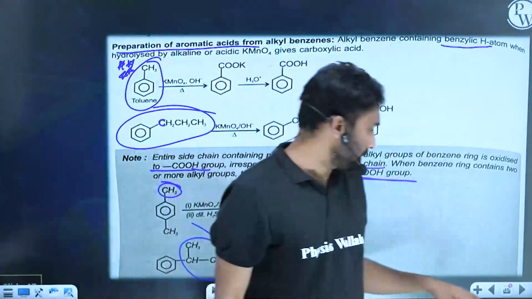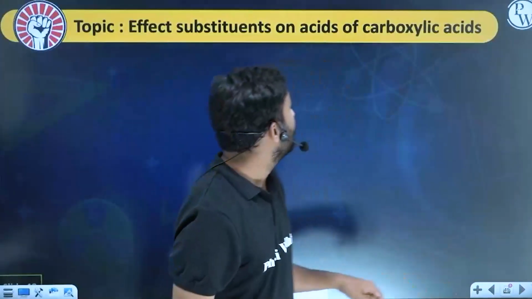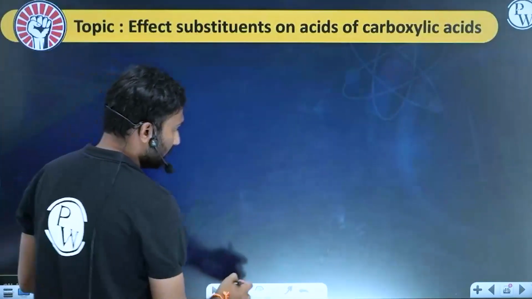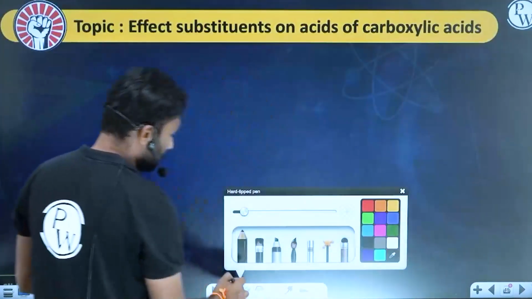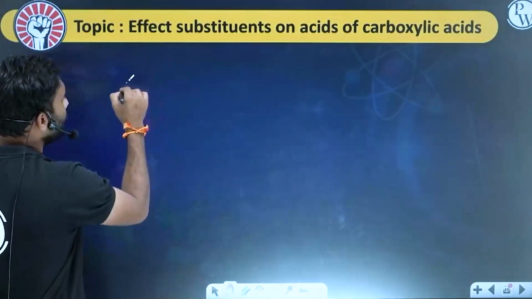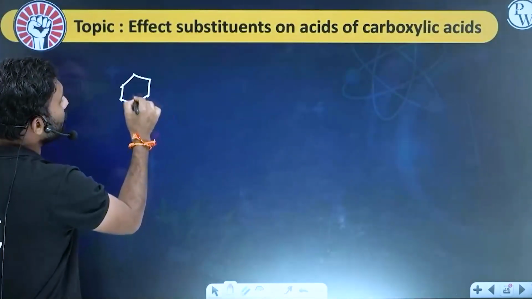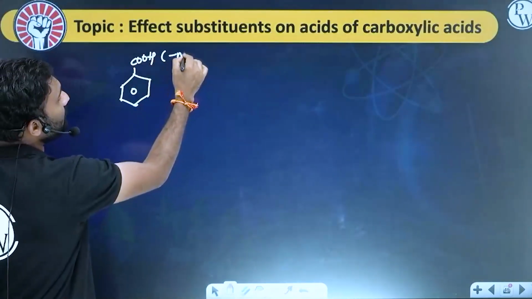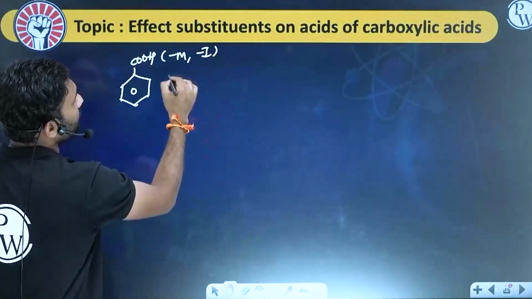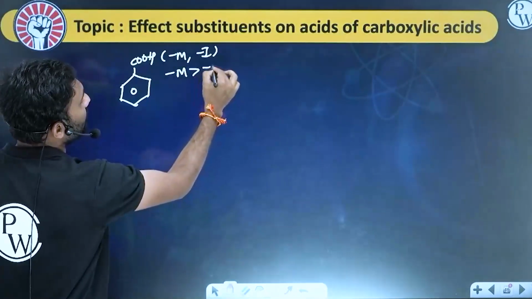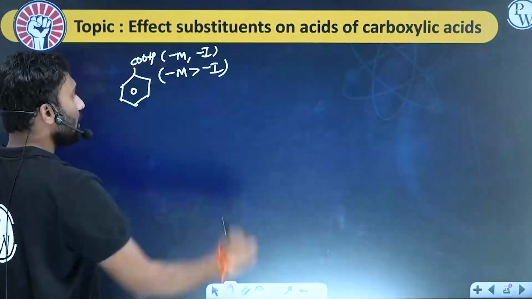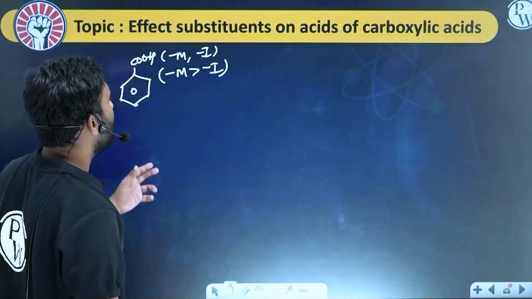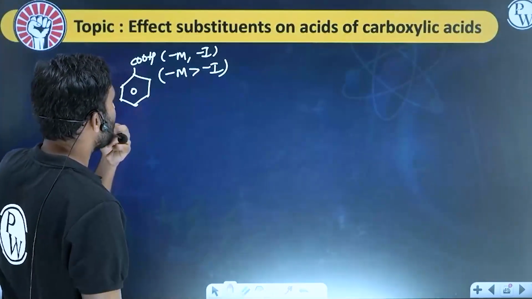Now next, the effect of substitution on the acidity of carboxylic acids. Here we have a carboxylic acid, which has a -M and a -I effect, and the -M is more dominating than the -I.